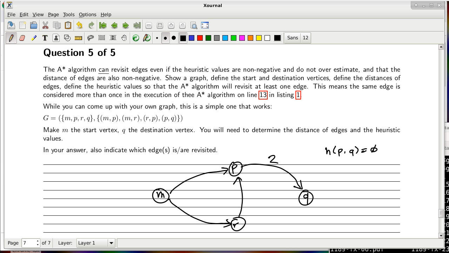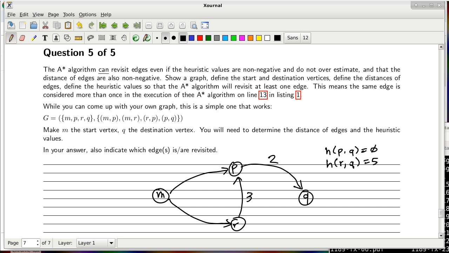Okay, so if we just randomly select a value here, let's pick this to be 3, then we want H of RQ to be as realistic as possible, which is the actual shortest path from R to Q, which is 5. So this is going to be 5, okay? But we also want MPQ not to be the shortest path.